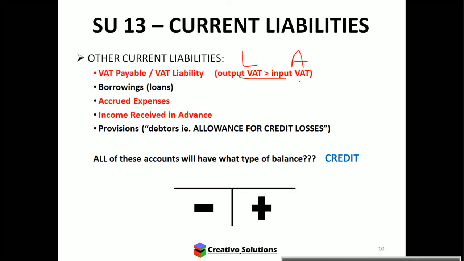So plus and minus. If I'm increasing an allowance, will I debit or credit the allowance? I would debit. Why would I debit? To increase it. No. An allowance is a negative asset.